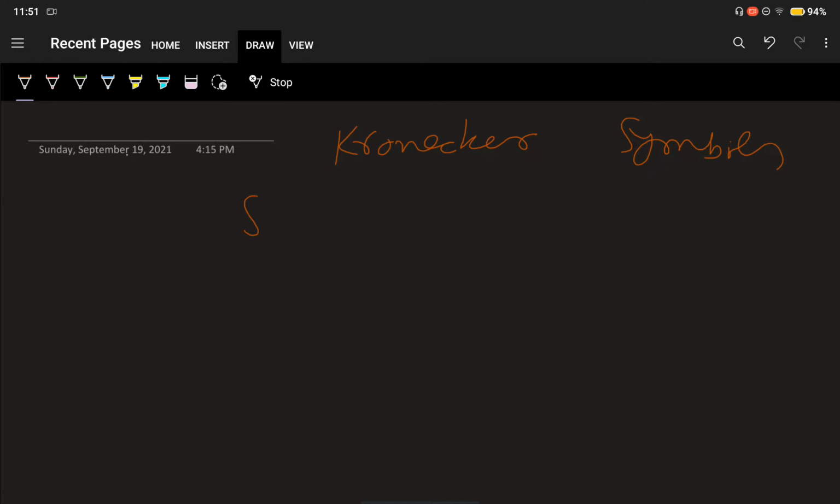So it can be written as delta ij. So delta ij equal to 1 for i equal to j and equal to 0 for i not equal to j, where i and j stand for 1, 2, 3 and so on to n.